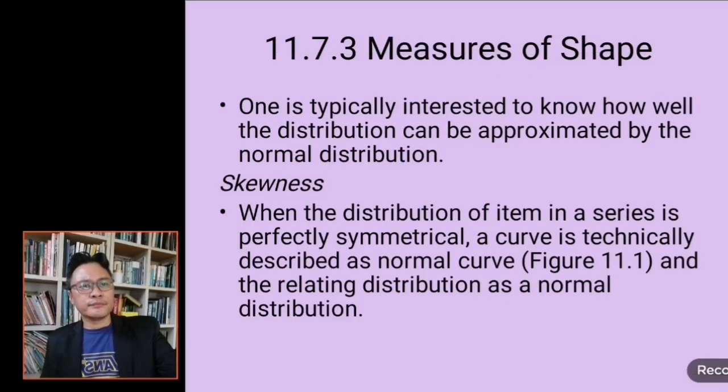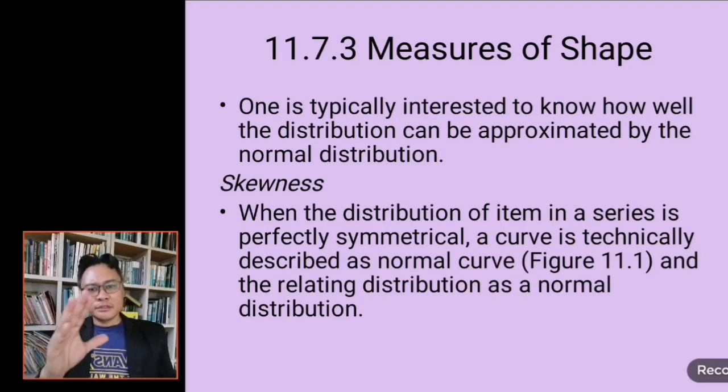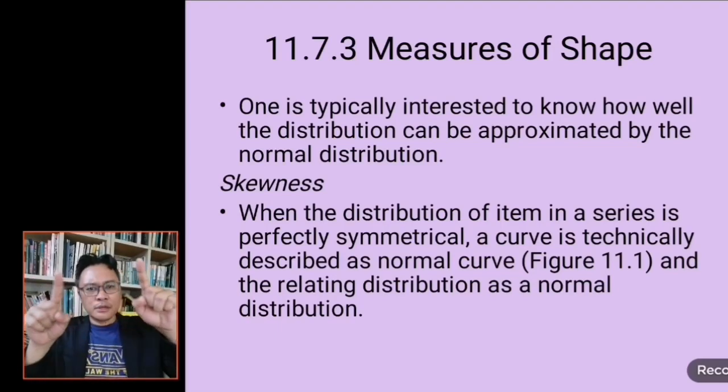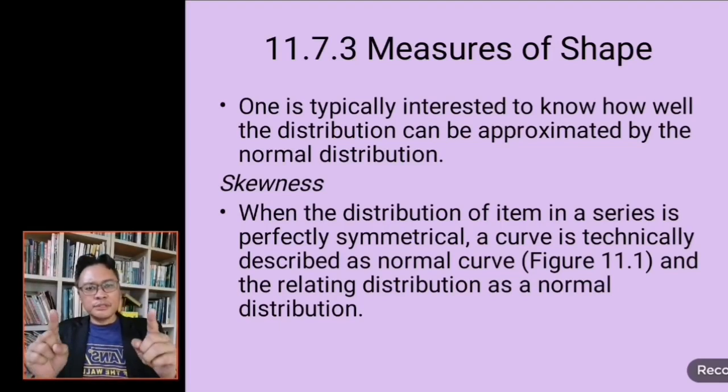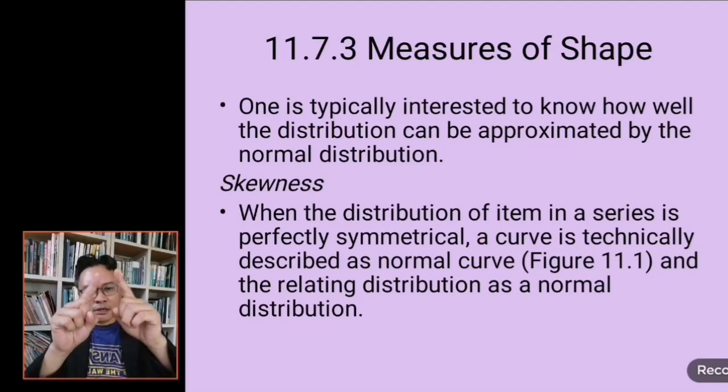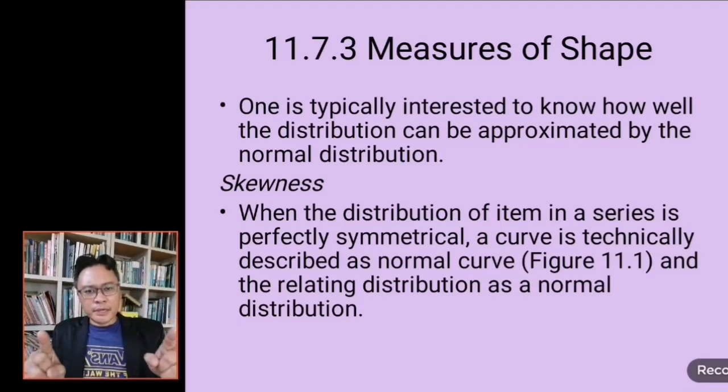Macam tu. Measures of shape, ni tadi dah cakap tadi. Skewness, tu mana skew. Dia skew ni melengkung, dia data ni dia dalam lengkungan, dia bentuk lengkungan perfect shape bell. Dalam skew ni dalam taburan data, dia dalam bentuk perfect shape bell.